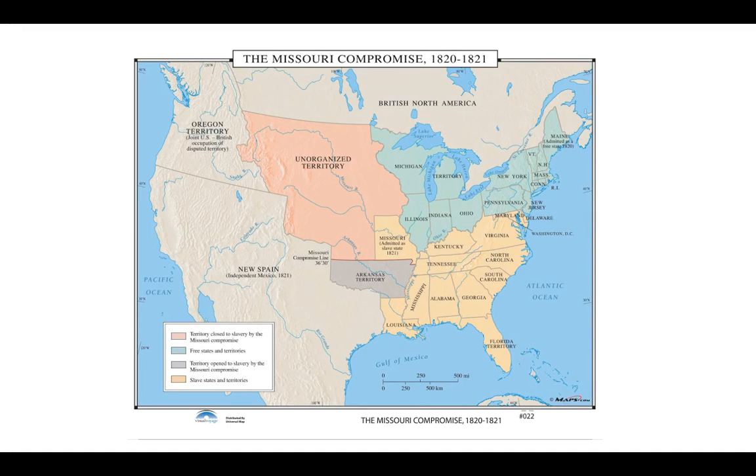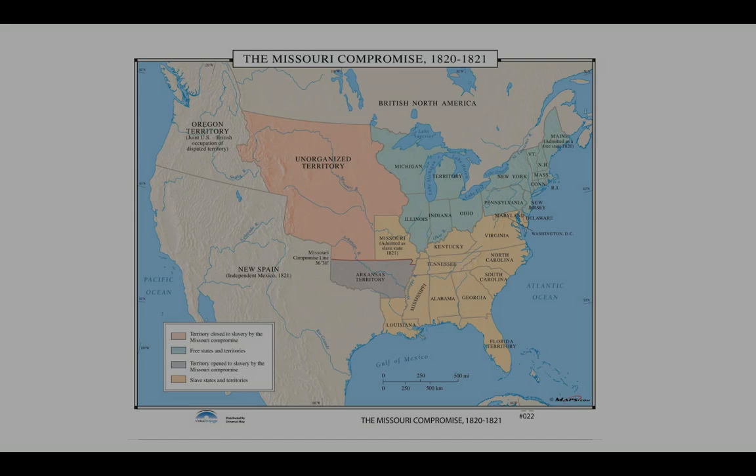This is the line that we are determining in 1820. The line, the Missouri Compromise, is north. North of that line is Kansas and Nebraska, so it should be free.